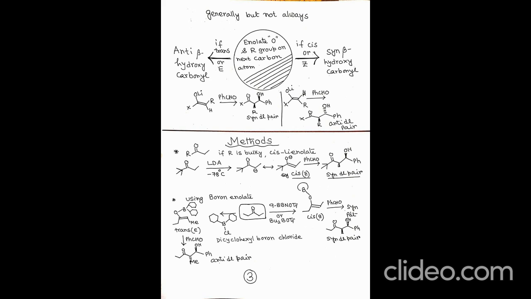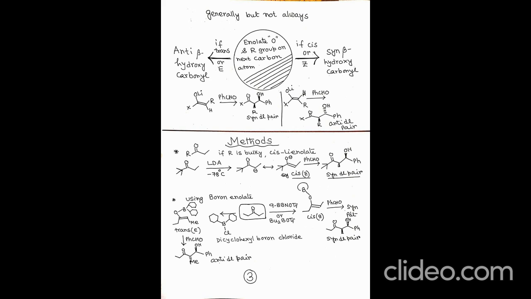So this is one way to get the cis or Z enolate, so that when this enolate undergoes the reaction in the next step with the carbonyl compound having no alpha hydrogen, we will be getting the syn DL pair as a major product over the anti.